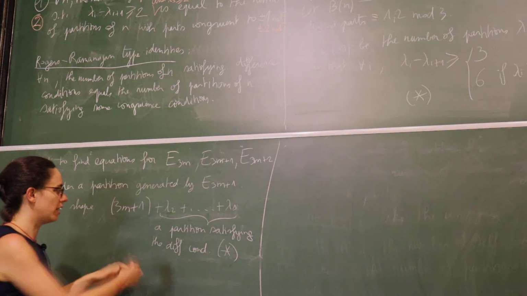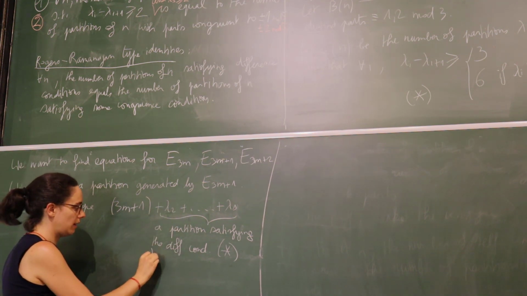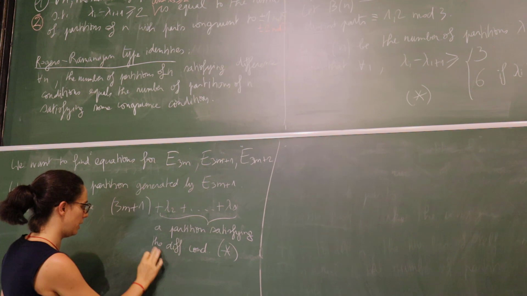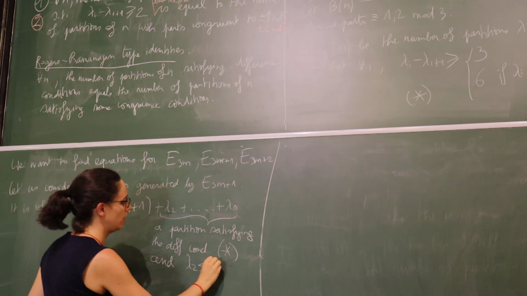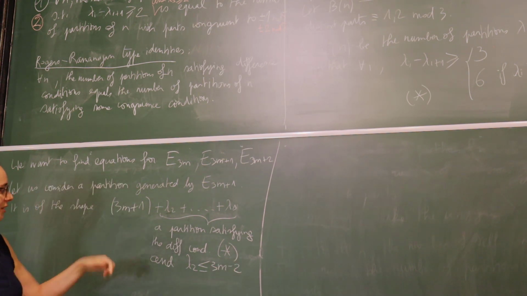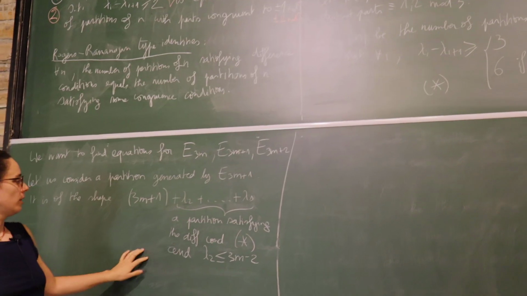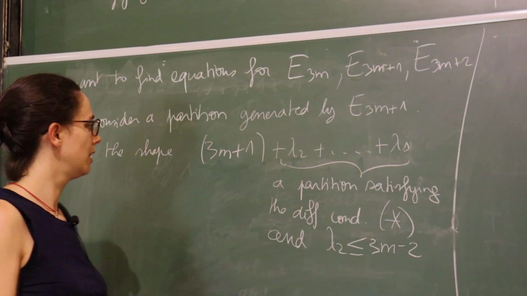Then you can have any other possibilities, but you have the condition that lambda 2 is at most 3m minus 2, which is this one minus 3. And this is exactly the conditions that are satisfied by this partition.